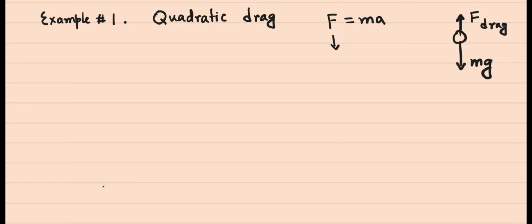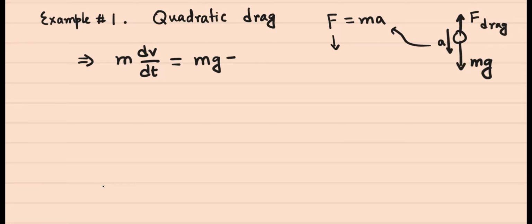Before these two forces balance each other, the object continues to accelerate in the downward direction with an acceleration a, which we write here. So altogether we have m dv/dt, which is the acceleration, and this is equal to mg minus F drag.